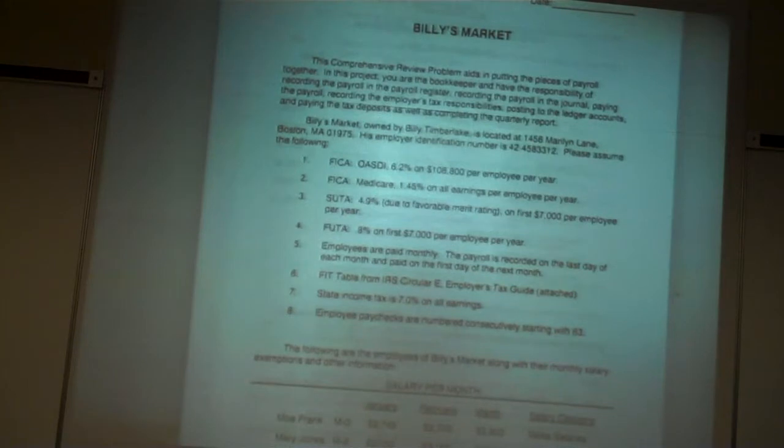Now for the Medicare, we don't have a wage base, we calculate it on all of it. The book has to give you all of that information in the problem. Our other wage base was 7,000, so if someone has earned over 7,000, then we don't calculate it again.